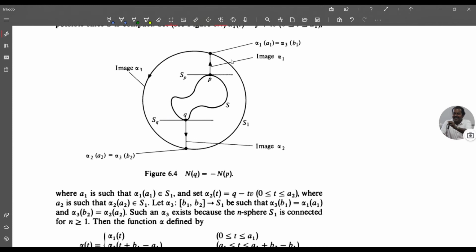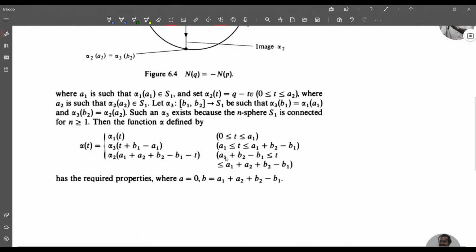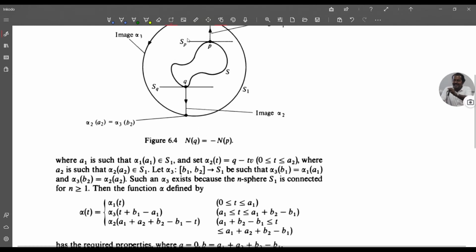For 0 less than t less than a1, you consider this segment. For b1 to b2, you consider this as the segment. And for a1 plus b2 minus b1 less than t less than or equal to a1 plus a2 plus b2 minus b1, you take b as a1 plus a2 plus b2 minus b1. Then this is your alpha of t.